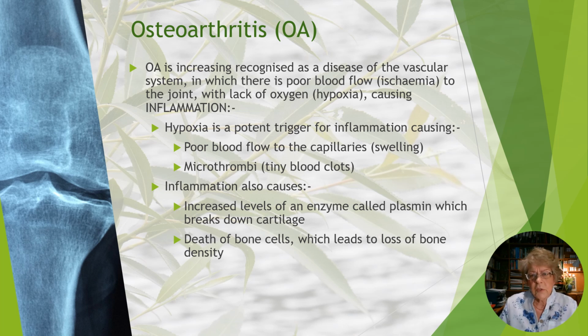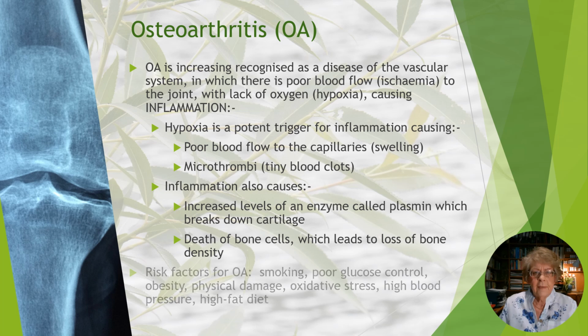Inflammation also causes an increased level of an enzyme called plasmin, which can break down cartilage, and also death of some of the bone cells, which leads to loss of bone density.